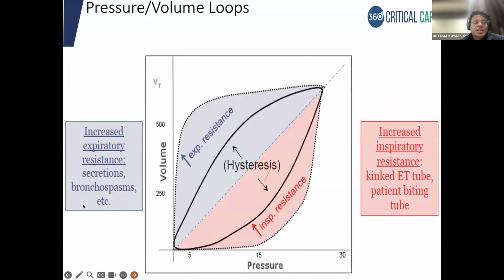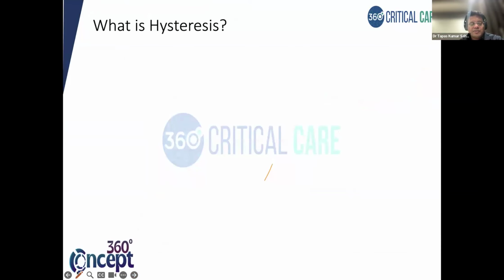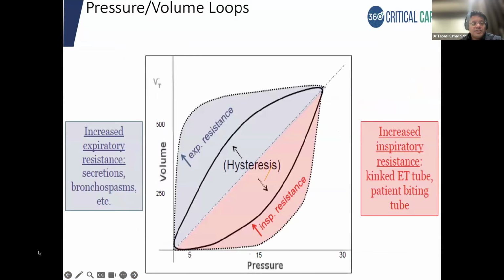Now coming to the pressure volume loop where you are getting some resistance, the troubleshooting, the problems. If you are getting increased expiratory resistance, the loop would be slightly swollen. You can see here, it is all stretched toward the expiratory part. Normally it should be like the black one, and this would be the normal thing. If there is increased expiratory resistance because of secretions or bronchospasm, it gets stretched here, right?